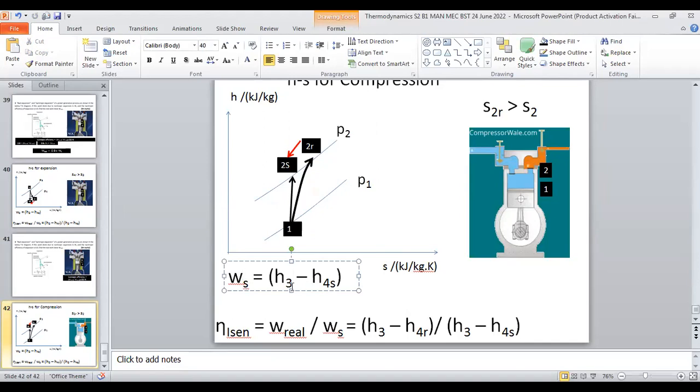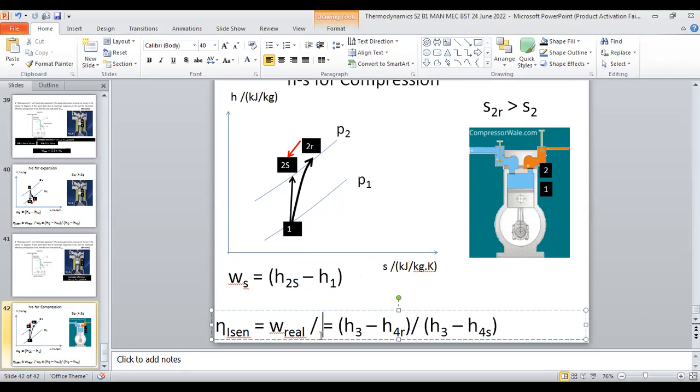So Ws is H2s minus H1. Isentropic Ws is a lesser value. W real is a bigger value for compression. So this is compression.